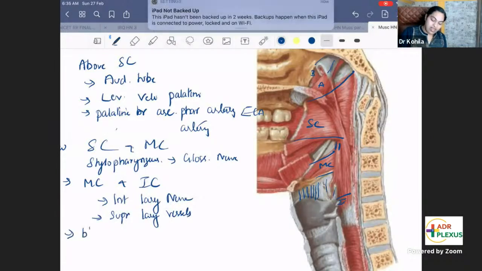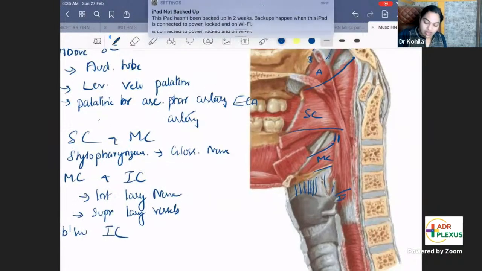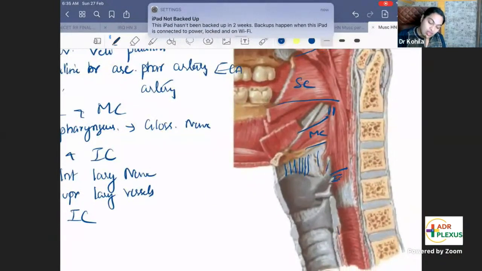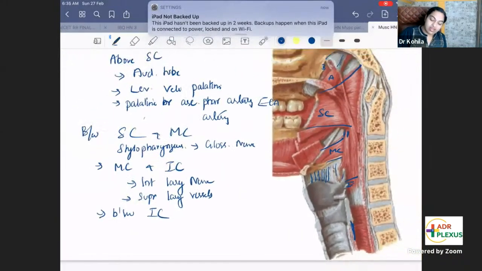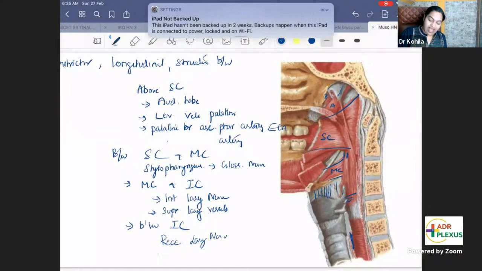And lastly, below the inferior constrictor, you can see the tracheoesophageal groove. What is the nerve running in the tracheoesophageal groove? Recurrent laryngeal nerve, yes, Dr. Kavya, accompanied by the inferior laryngeal vessels, which are branches from the inferior thyroid artery.